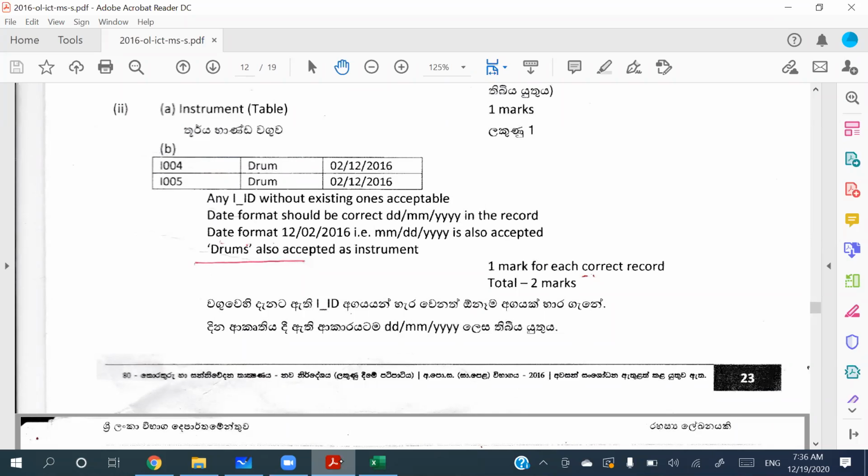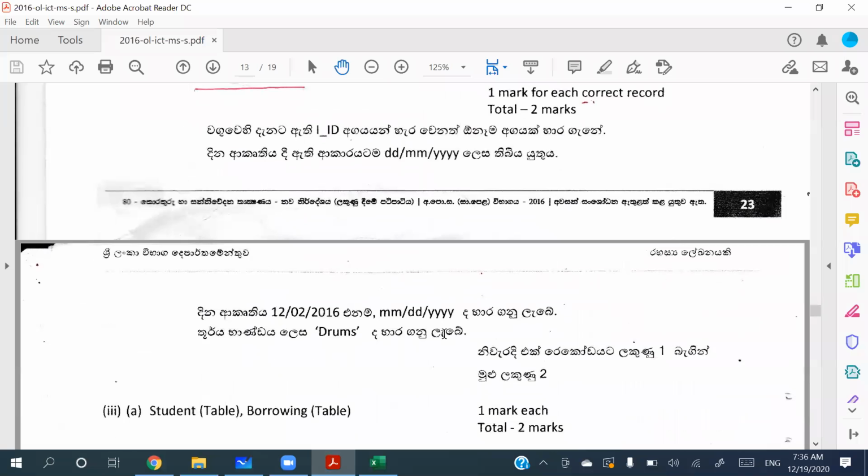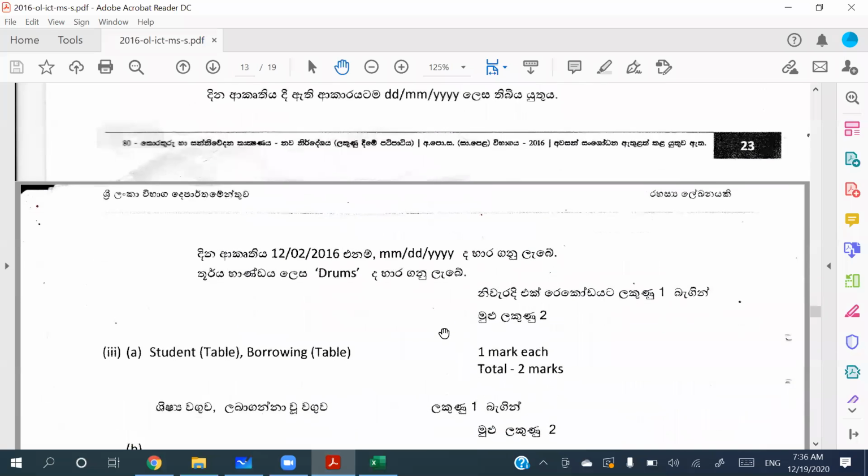And again, here, have you noticed this? They have specified the date format: date is at the first, month is at the second, and year is in 4 numbers, right? So it should go like that.